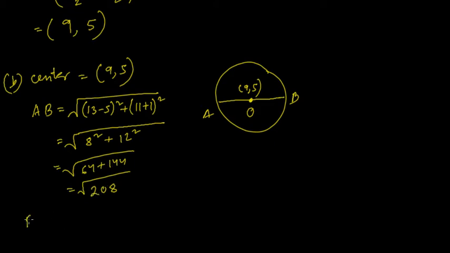So the radius is going to be half of the diameter, so radius is going to be AB by 2. So if AB is square root of 208, it would be square root of 208 divided by 2.